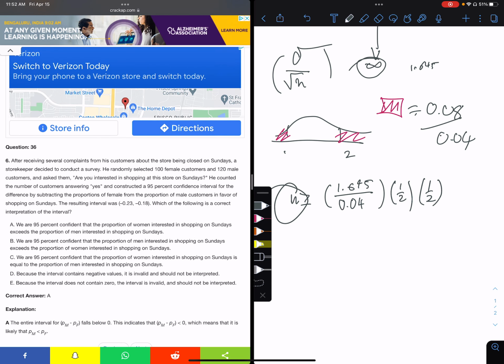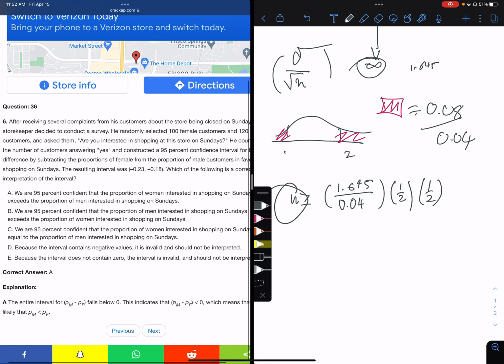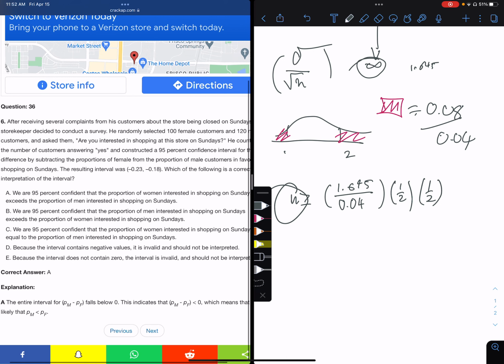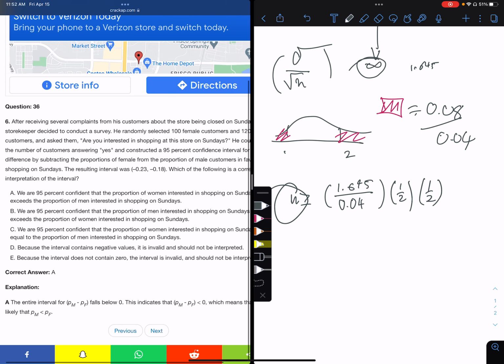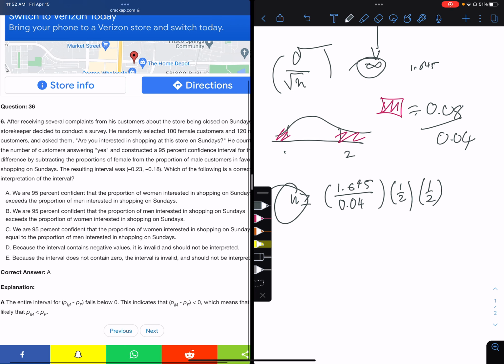These questions are bothering me. A. We are 95% confident that the proportion of women interested in shopping on Sundays exceeds the proportion of men. Okay, why? The entire interval P of n minus P of m falls below 0. This indicates that, oh, I have to read the question.